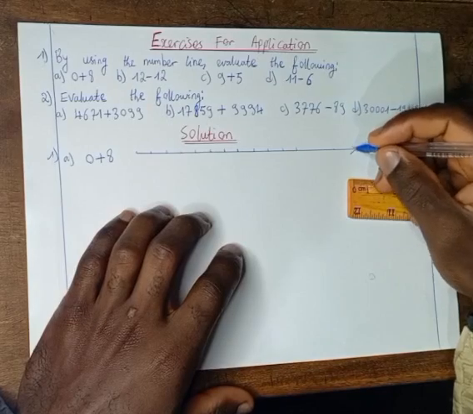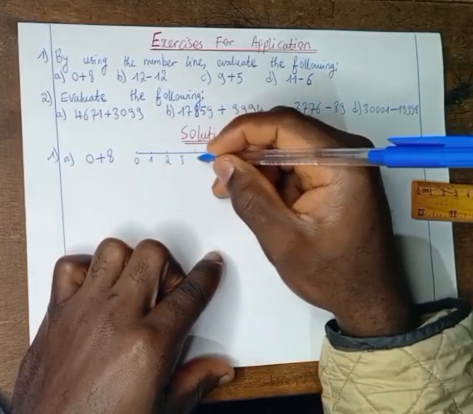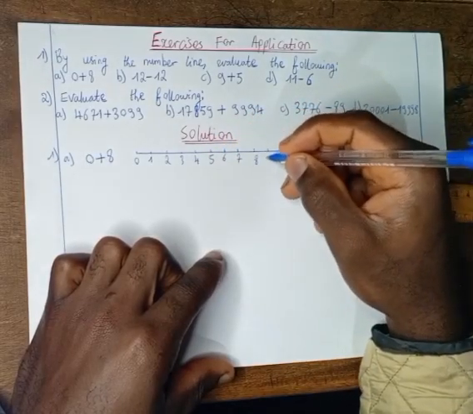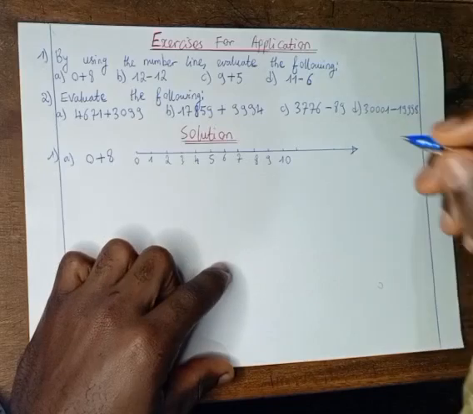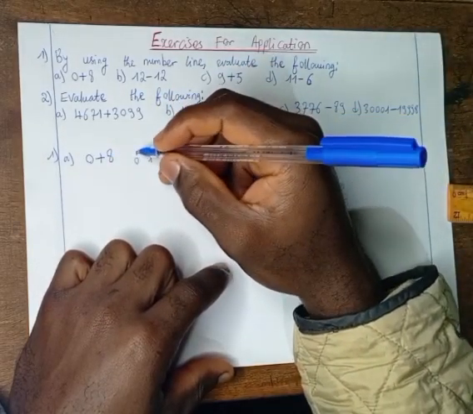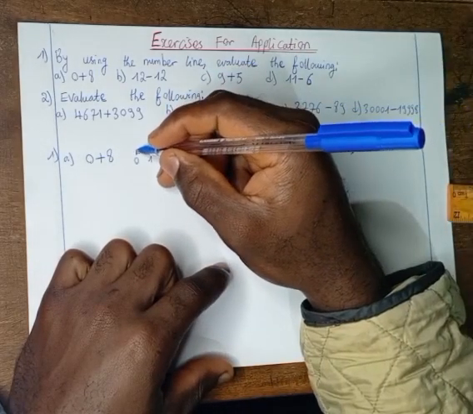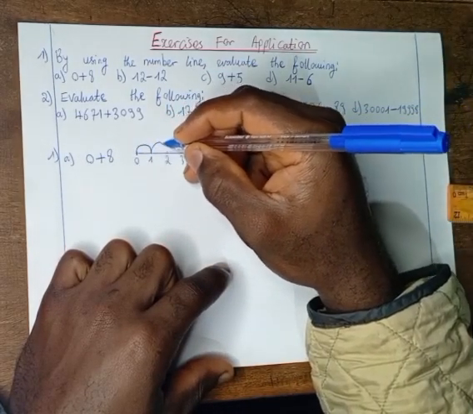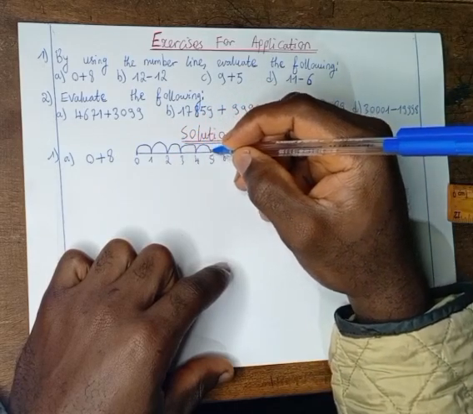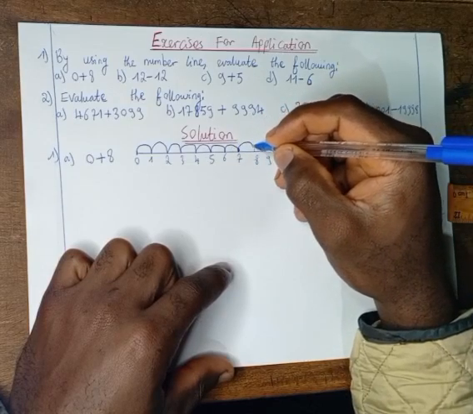Not forgetting the arrow. This is 0, 1, 2, 3, 4, 5, 6, 7, 8, 9, 10. We can end at 10. 0 plus 8 simply means this is the first number. The operation sign is addition, we are moving to the right, so we have to move 8 units to the right. 1, 2, 3, 4, 5, 6, 7, and lastly 8.